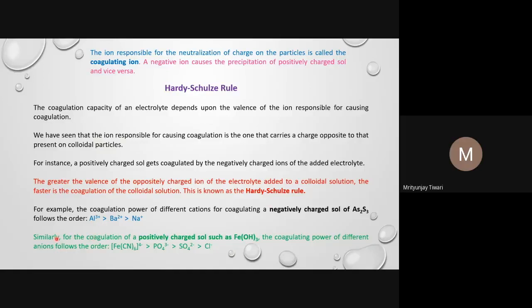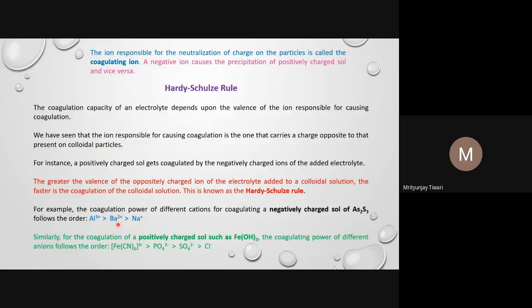For example, the coagulation power of different cations for coagulating a negatively charged sol of arsenic sulfide follows this order. If you look at these three ions, aluminium 3 plus, barium 2 plus, and sodium 1 plus: aluminium 3 plus has the highest valency, 3 plus charge. Barium 2 plus has 2 plus charge, and sodium has 1 plus charge.